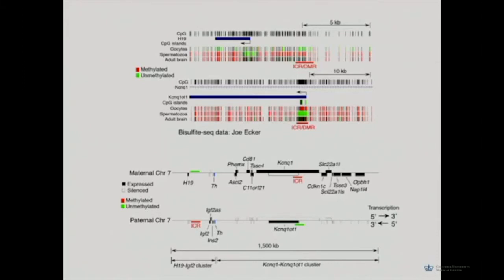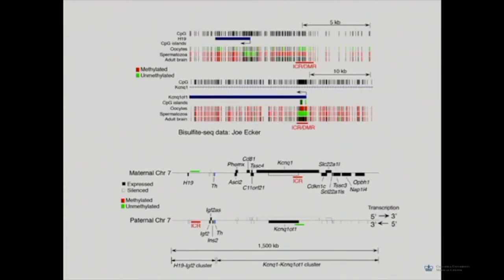If this region is unmethylated, then the KCNQ1OT1 RNA is expressed, and all these genes are turned off in cis. We really don't have a molecular mechanism for this. How expression of this RNA can turn off genes that are hundreds of kilobases away and in the opposite transcriptional orientation is completely mysterious. But it's well established. If you delete this region, or if this region is ectopically methylated in the paternal chromosome, all these genes come on.